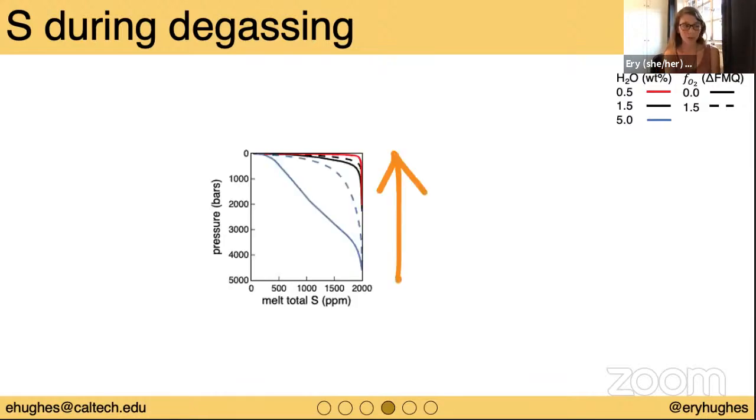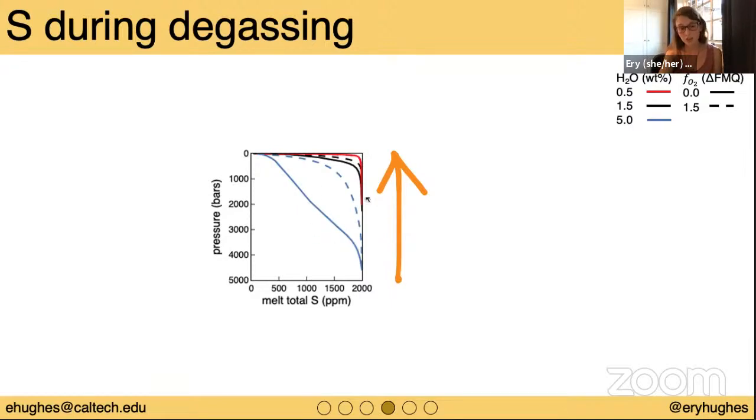So first of all, we can look at what the sulfur does during degassing. This plot shows the sulfur content on the x-axis against the pressure on the y-axis, and pressure is increasing down. This orange arrow is showing the direction of degassing, from the bottom of the plot to the top. What we can see is that there's a wide range in the behavior of sulfur as we change the water content and the oxygen fugacity.